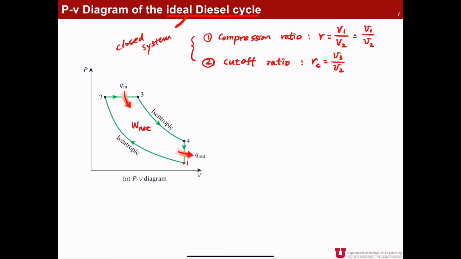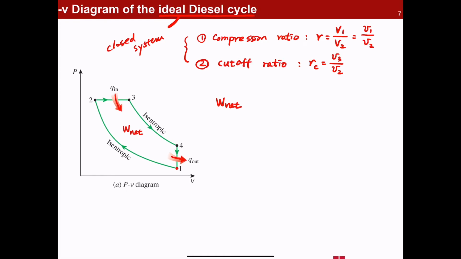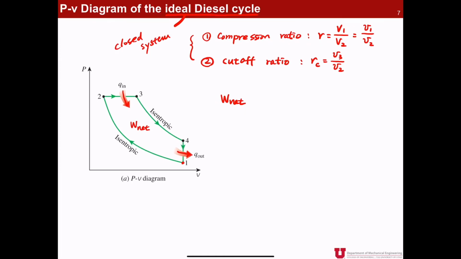Okay. Now, as I said before, the net work should also be calculated for the ideal diesel cycle analysis, which is the first thing that we always have to calculate. And from this energy balance analysis, or first law of thermodynamics, of the cycle itself, we already know that this net work can be calculated from Q in and Q out.